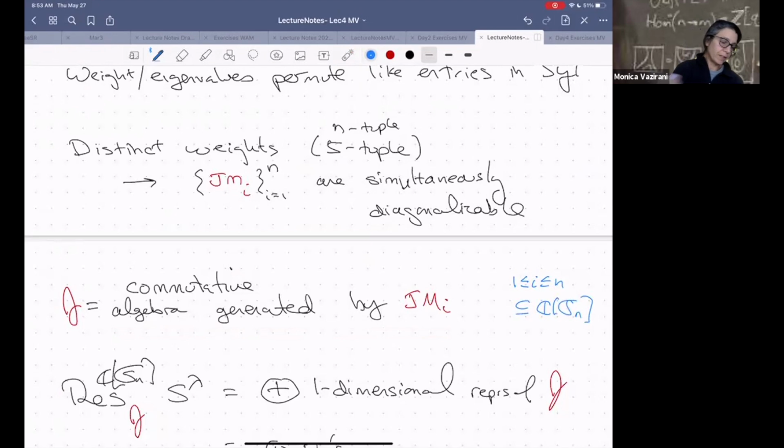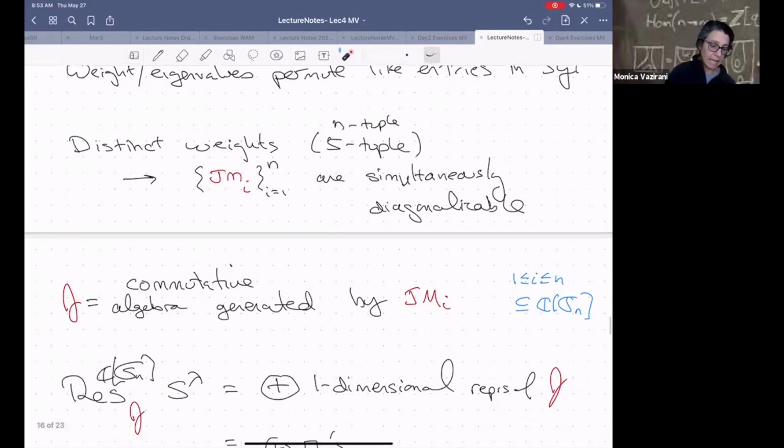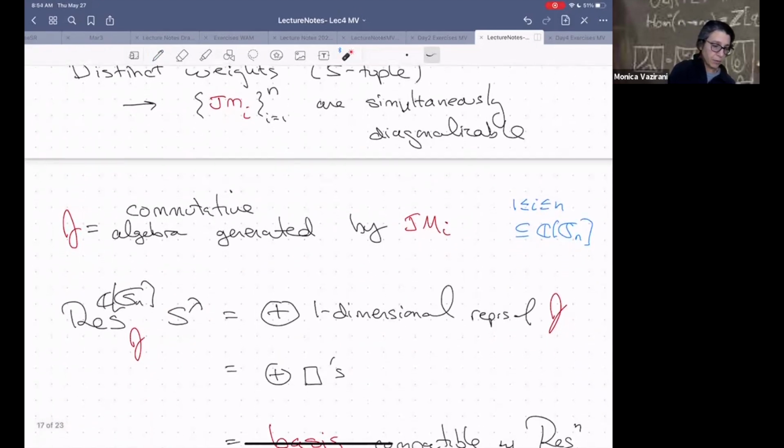Now if I restrict, not doing S5 to S4 to S3 to S2 to S1, but just restricting to this commutative subalgebra J, my irreducible representation breaks up into a direct sum of one-dimensional representations of J, and it's multiplicity free. Okay, so again, wonderful combinatorics. And it is my Gelfand-Tsetlin basis. It is the basis compatible with restriction. So this is a second way of getting the basis.